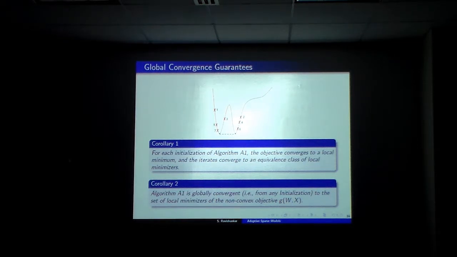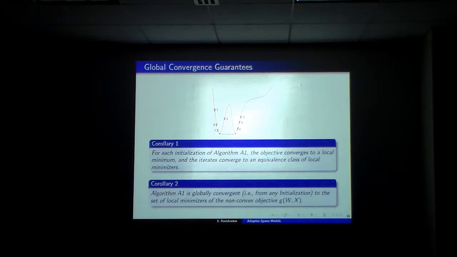So what you've shown here is that there are only two local optima in the optimization criterion, and a gradient descent would converge to one of those two. Mm-hmm. But if one of them is lower than the other, then they're no longer in the equivalence class. No, but for the iterates here, all the accumulation points will satisfy the exact same objective value. Right, but they could be a better equivalence class.